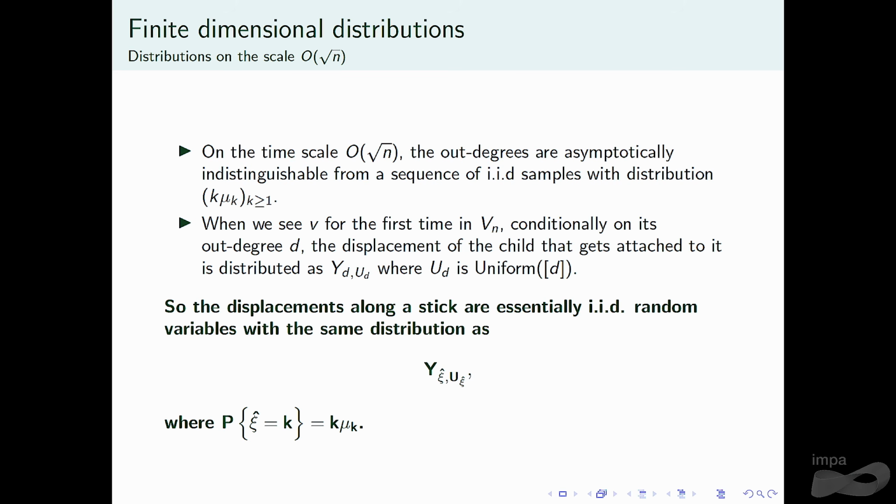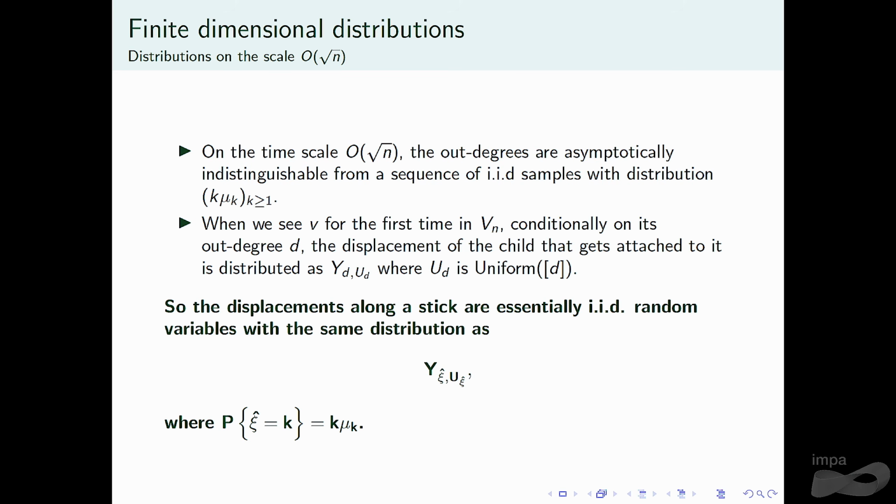On this timescale, one can prove that the out degrees of the vertices are asymptotically indistinguishable from IID samples from the size-biased distribution. Here this is the size-biased distribution because we're assuming mean 1. Otherwise, you would have a rescaling. Moreover, whenever we see a vertex in this construction for the first time, we're gluing its child into a uniform location among its children.